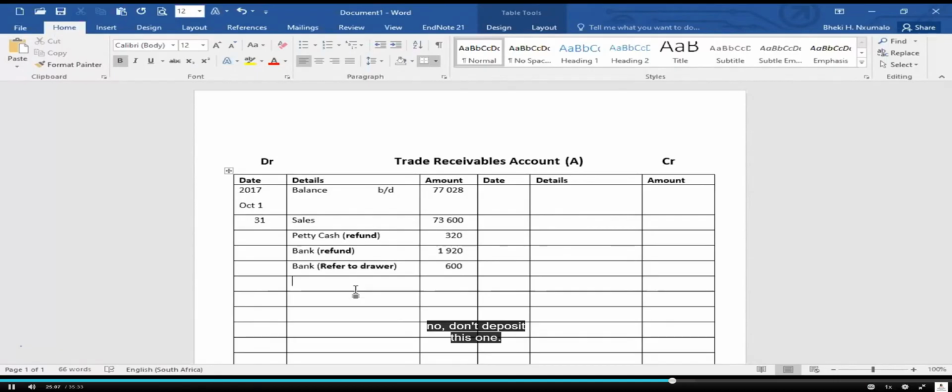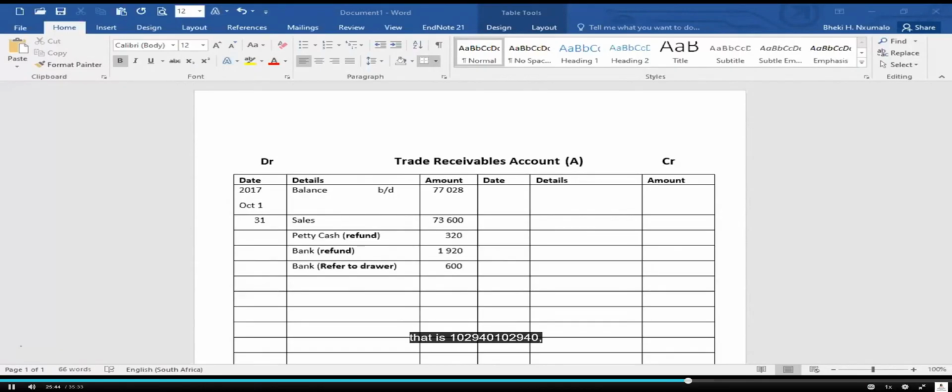Let's move to the next one, cash and checks received from debtors. In other words, we receive cash. Those clients who owe us maybe from the previous month are paying their accounts, 102,940. That is 102,940, at least on the credit side.